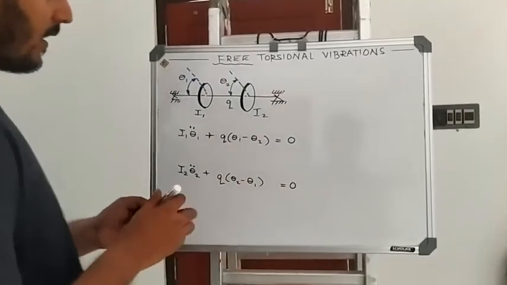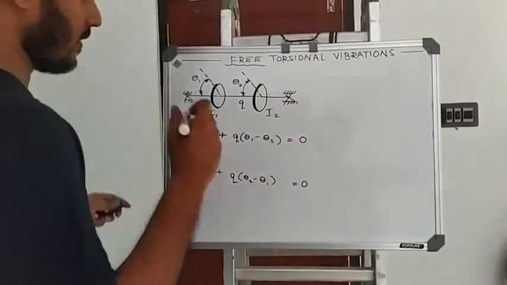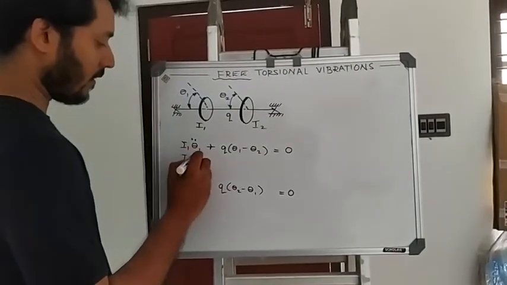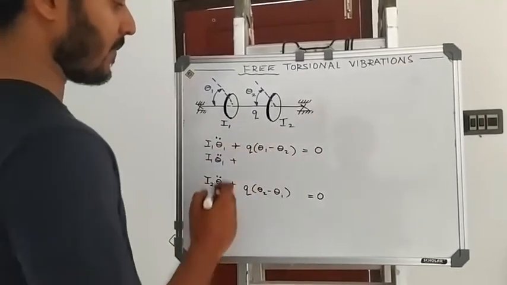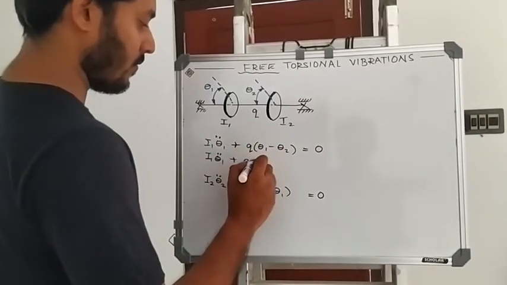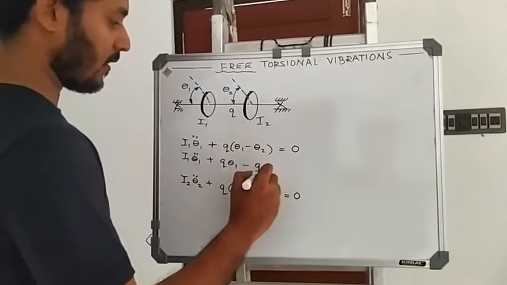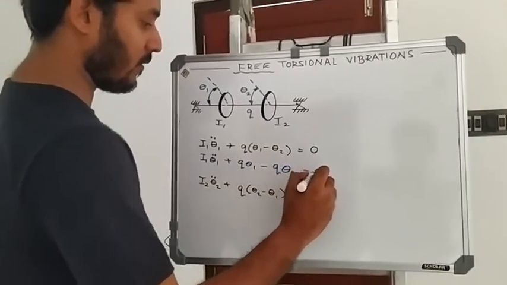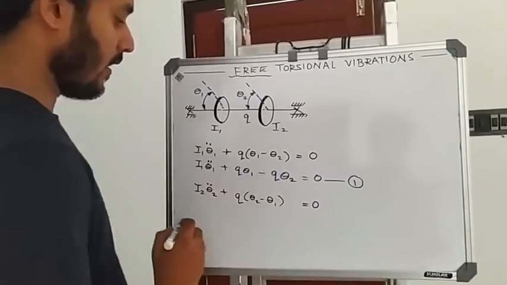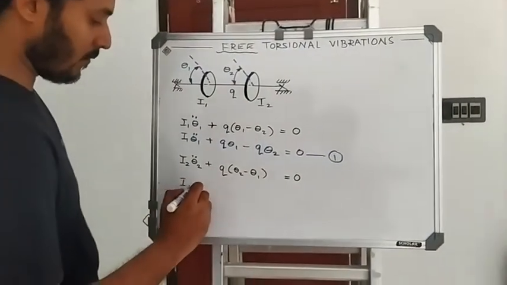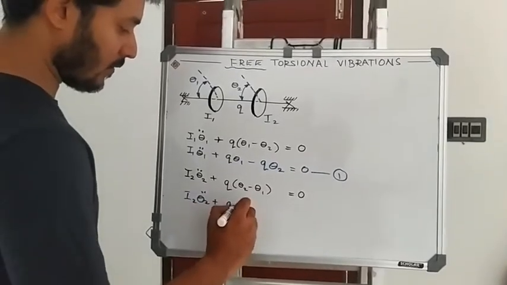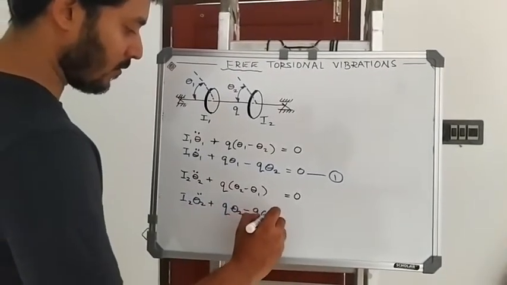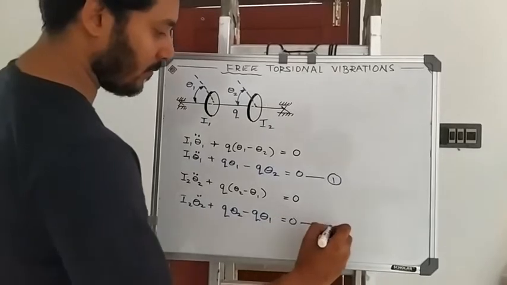Now let us slightly rearrange the first equation. You have I1 theta 1 double dot, plus, if we expand this one, q theta 1 minus q theta 2 equal to 0, which will be equation number 1. And if you expand this one, I2 theta 2 double dot plus q theta 2 minus q theta 1 equal to 0. Let it be equation number 2.